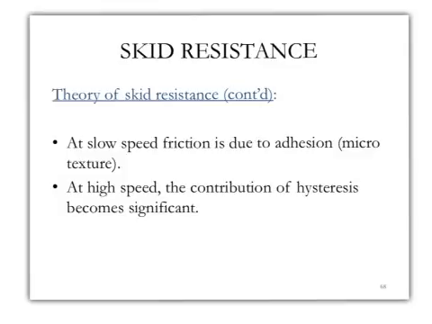If we try to relate them to the zones, we can also relate the skid resistance to the speed. At low speed, the friction typically comes from the adhesion, where we depend on the micro texture, and at high speed it is going to come mainly from the hysteresis component.